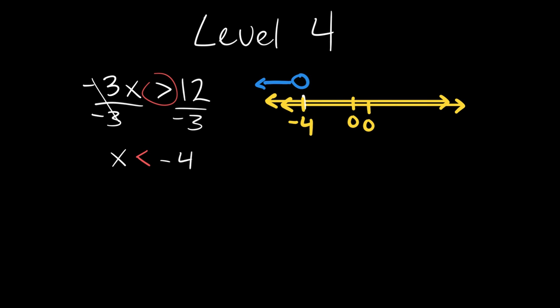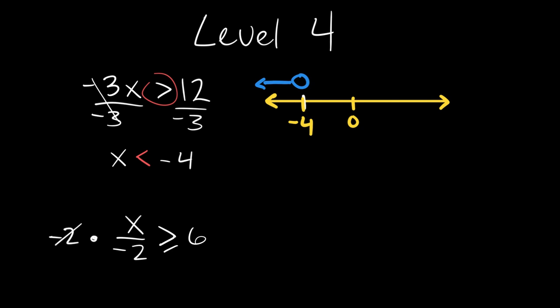We have one more example, something like this. Students often think this one's the scary one, x divided by -2 is greater than or equal to 6, simply because they see the fraction there. What I would do is just multiply. I would do the inverse of it. I would multiply by -2. That gets these -2's to cancel, but you have to do that on the other side as well to keep it all balanced, just like an equation.